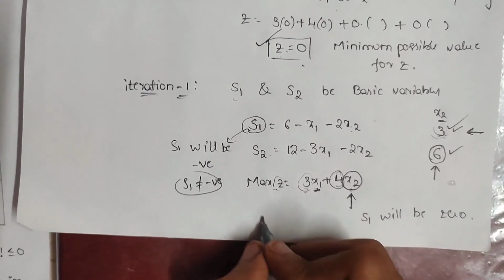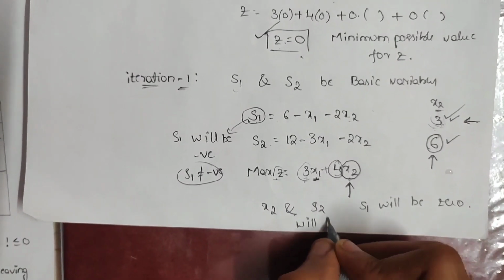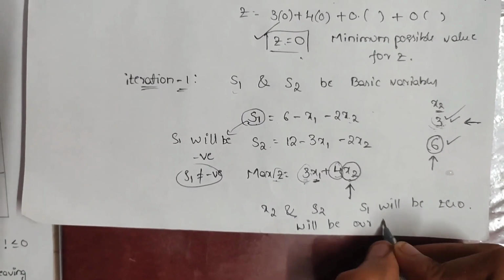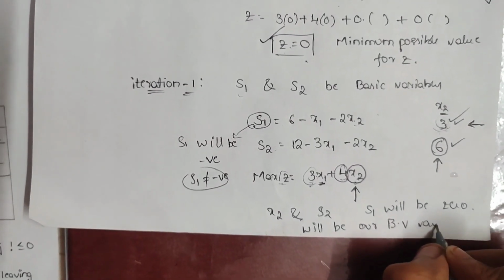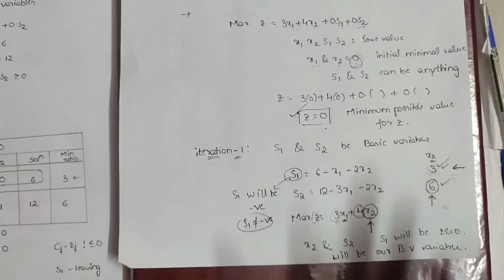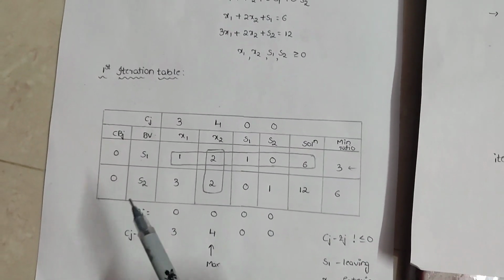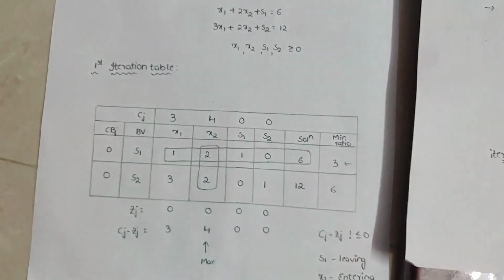So now x2 and s2 will be our basic variables. Let us try to compare the algebraic method using the tabular simplex method. Here is the result for iteration 1 using the tabular simplex method.